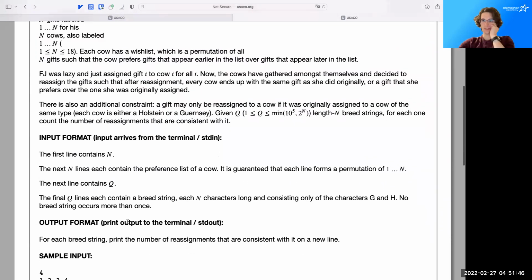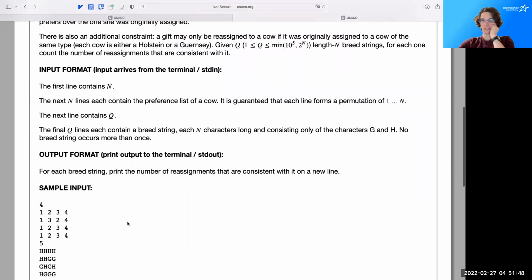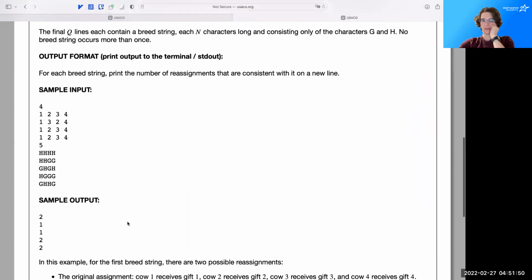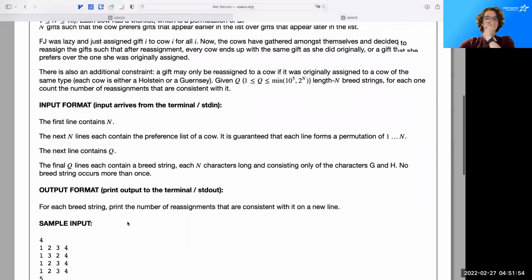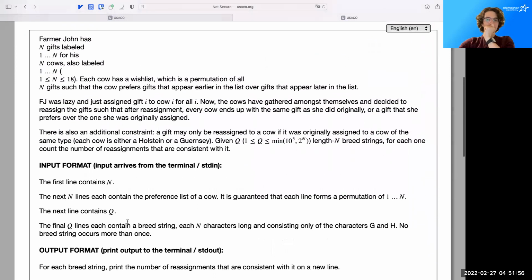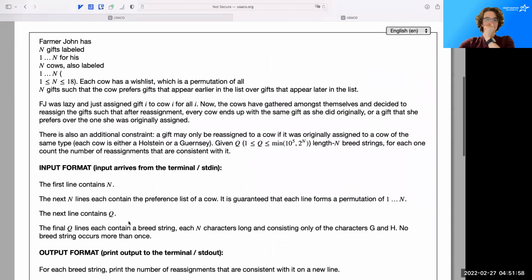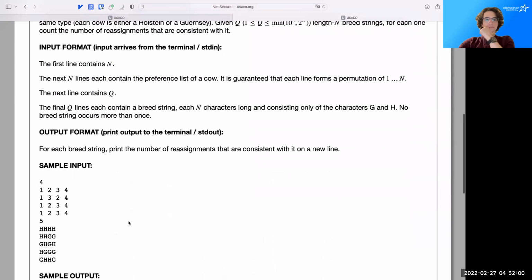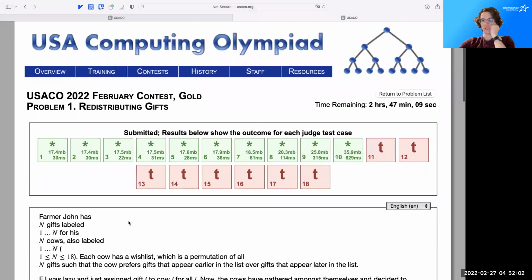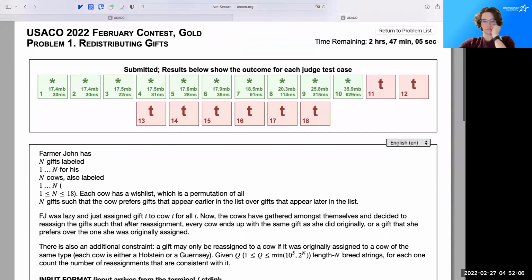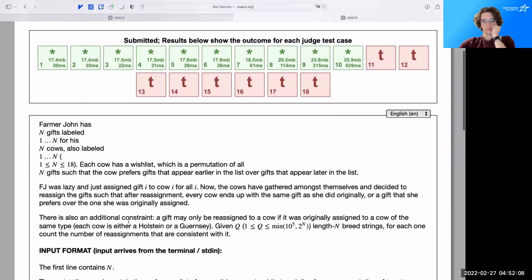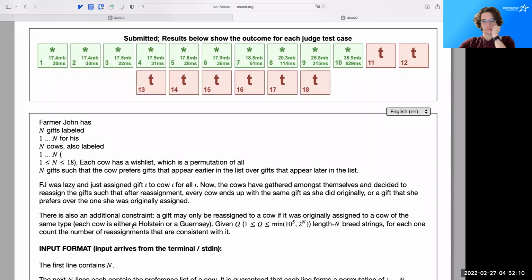So our runtime is like 2 to the 2n. It's just not great. Well, at least that's quite a few test cases for the brute force solution that we did. I don't think you can compute the number of matchings efficiently.